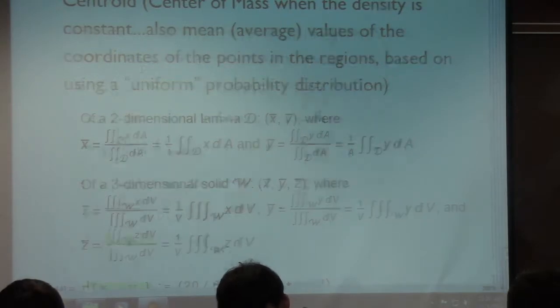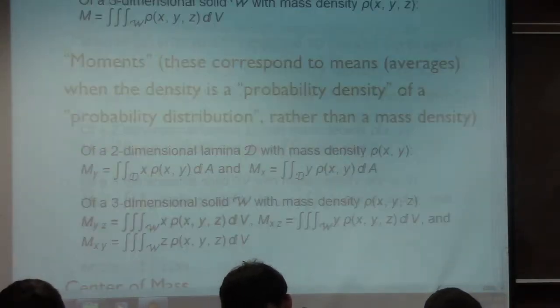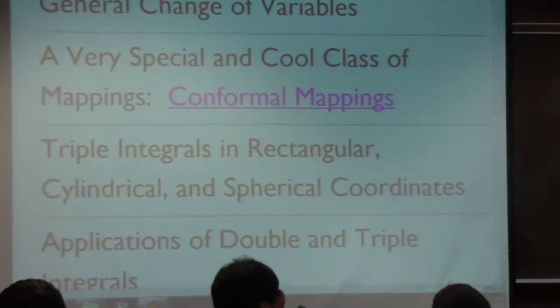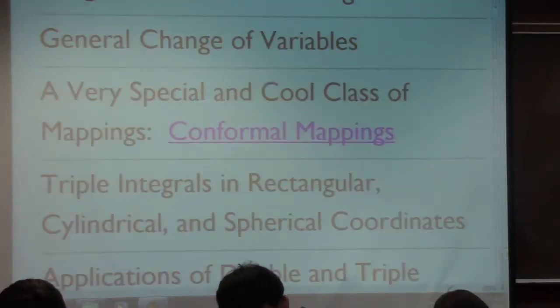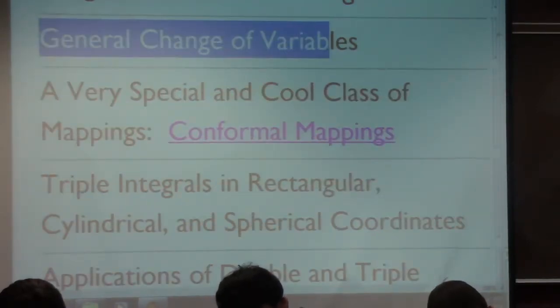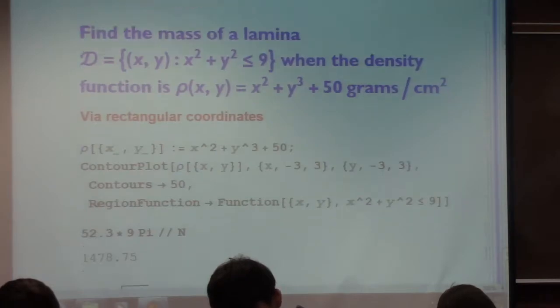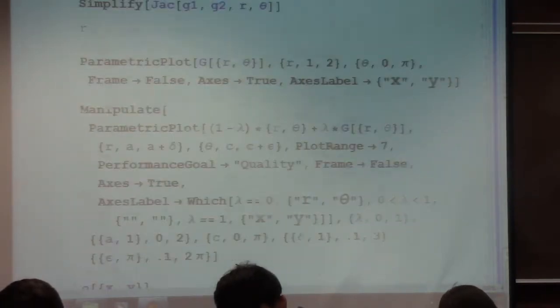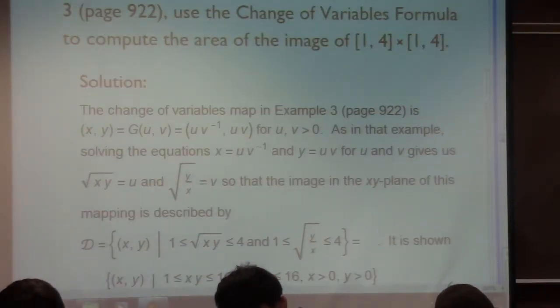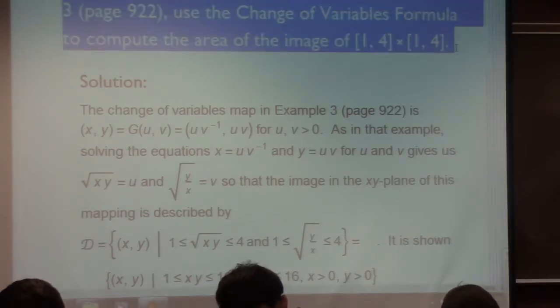All right, I want to spend a few minutes, not real long, just showing you a few cool things related to general change of variables and give you a recommendation as well. If you open up this section, I have the polar coordinate example from before here, but I also added in my solution to exercise 25 in section 15.6.